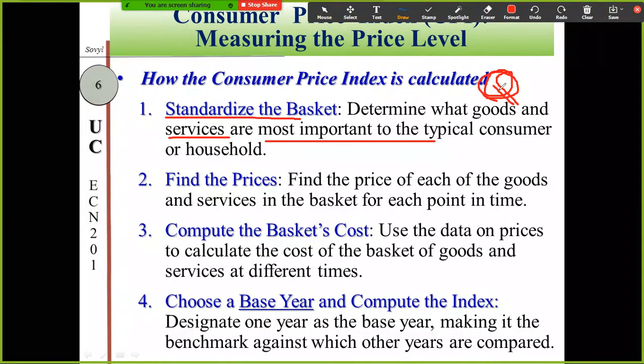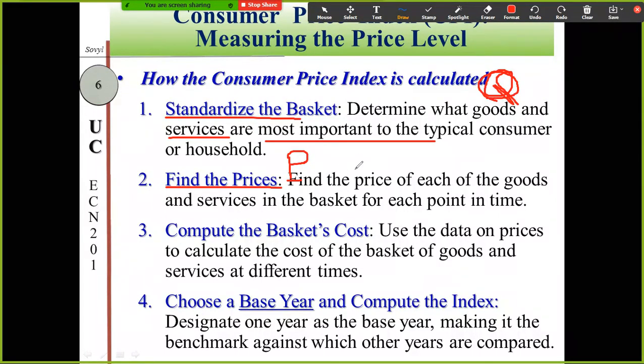Then the goods you put into your basket are not free of charge. You need to pay, and you will ask how much to pay for each good. In order to know, you need to ask the price. Step 2: find the price. If you buy a good, you find the price of that good; if you buy a service, you find the price of that service.